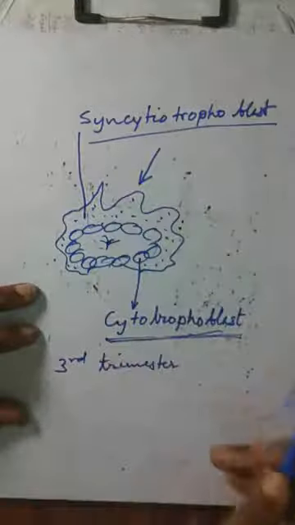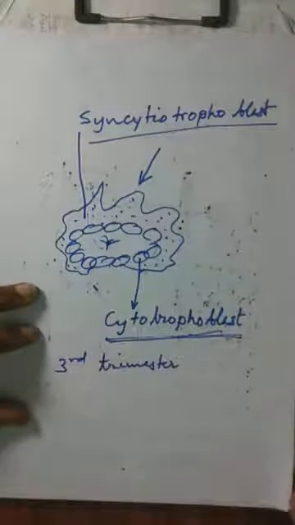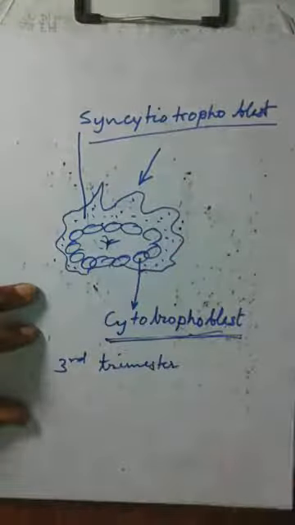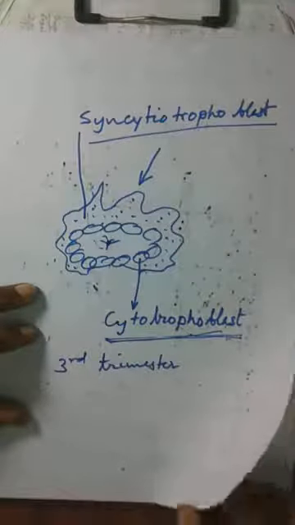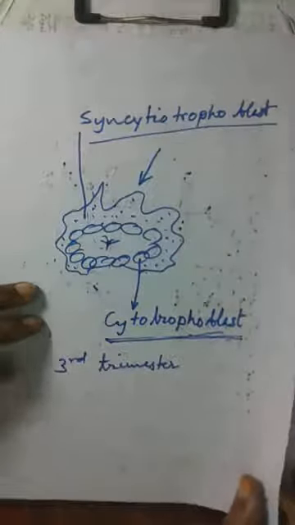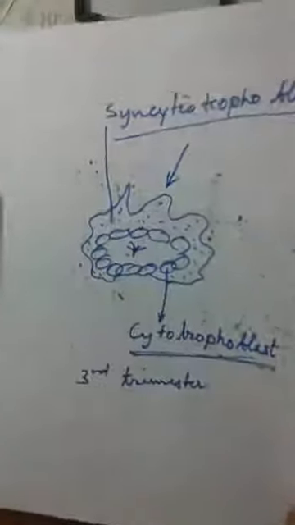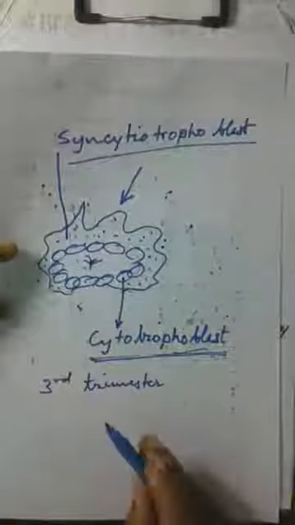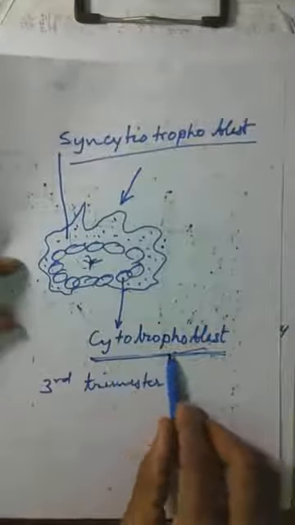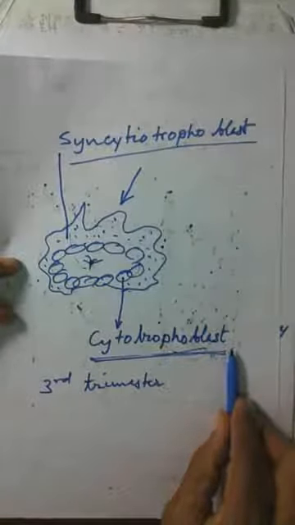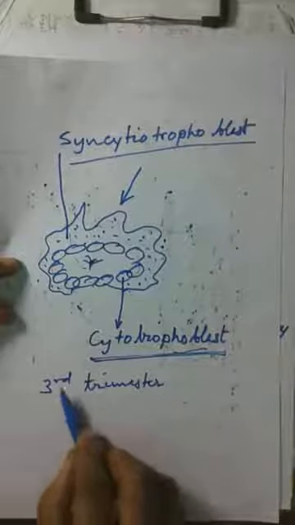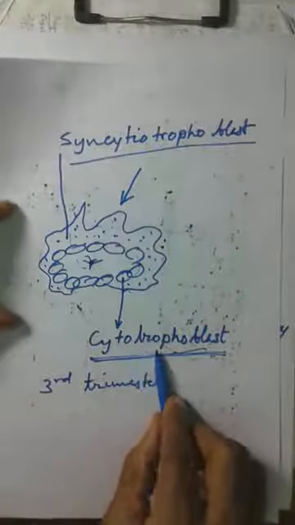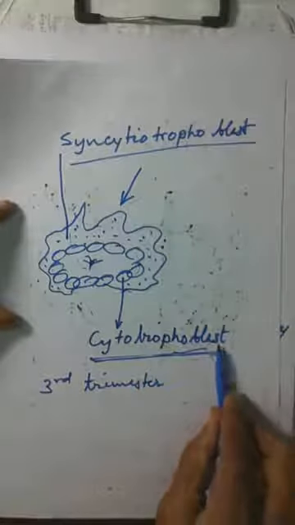Along with that, there is a chance for the red blood cells also to come and mix with the other blood. So that is also one of the reasons for the sensitization that happens normally in the third trimester, due to the absence of cytotrophoblast.